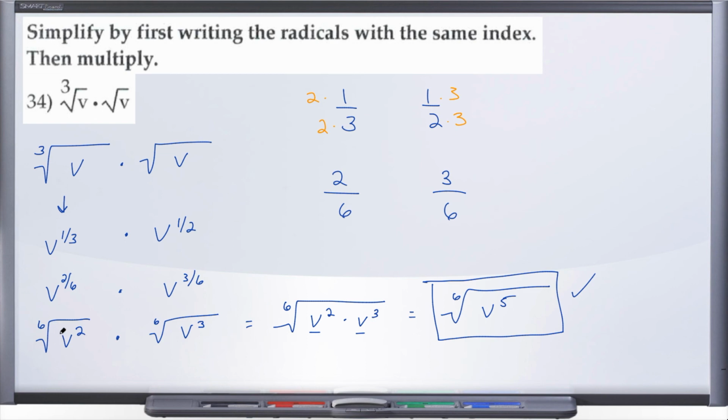Once they were in radical form, we could clearly see that the roots were the same, which means we can multiply these two radicals together. And it was just a simple process from there of using what we learned a couple chapters ago with multiplying like bases and adding those exponents together to arrive at the 6th root of v to the 5th.